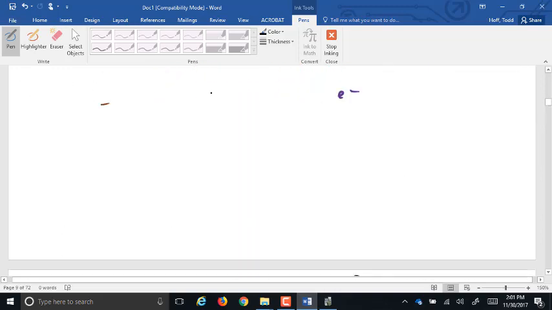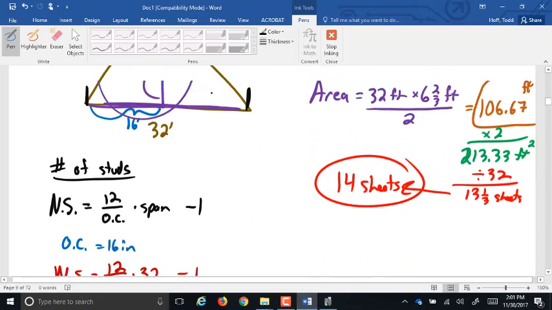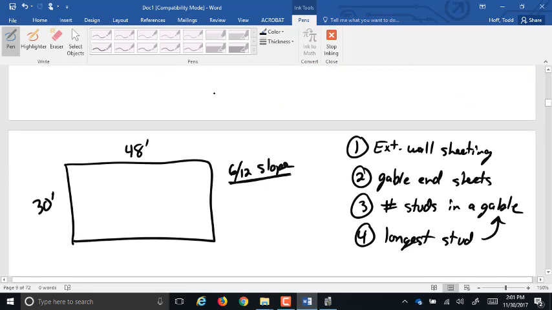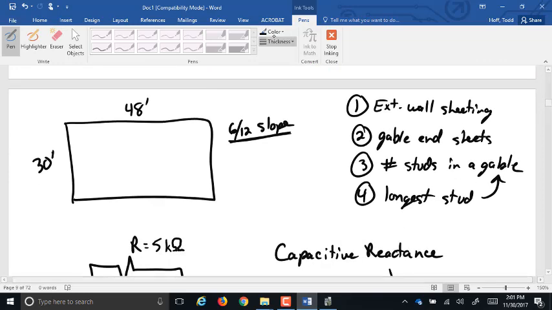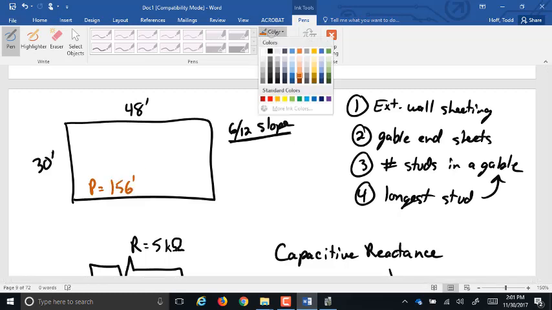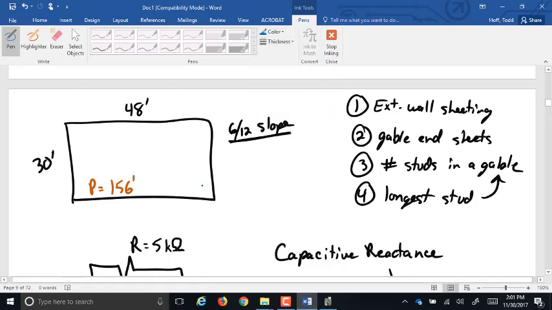Okay. So woods, back up to your drawing here. First of all, you have a perimeter of how much? 156 feet. So the wall area is 156 times 9, which is 1404.